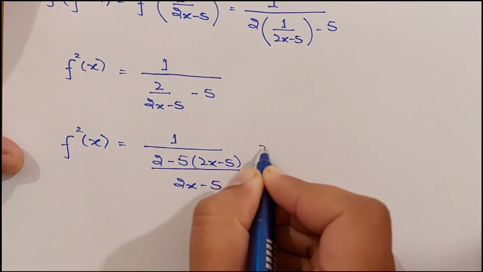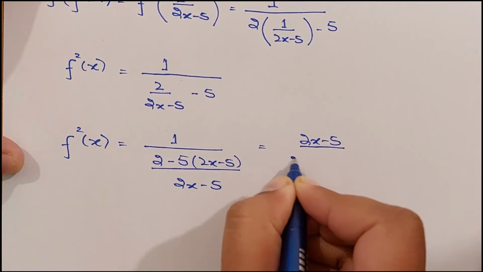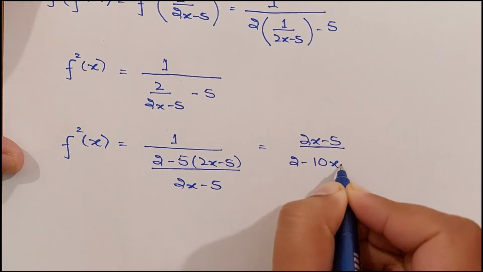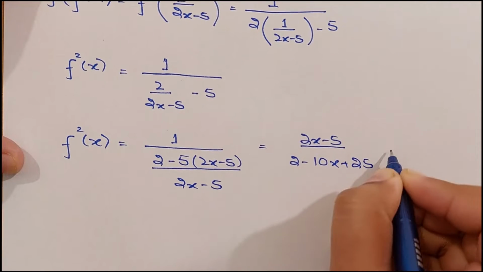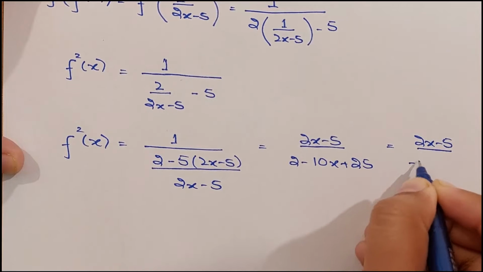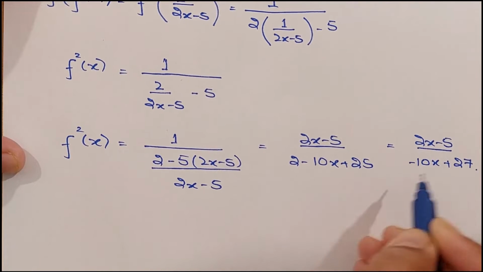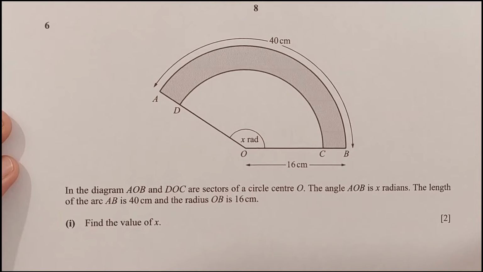Now we can do the reciprocal. (2x − 5) divided by (2 − 10x + 25). So the simplified answer is (2x − 5) divided by (−10x + 27). This is in the form (ax + b)/(cx + d).